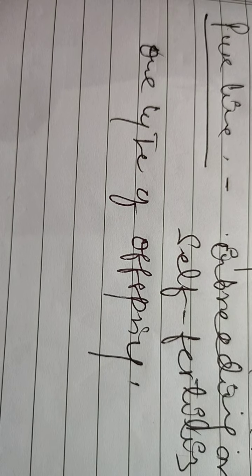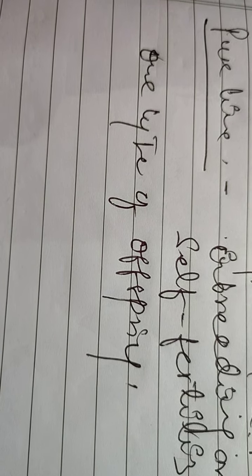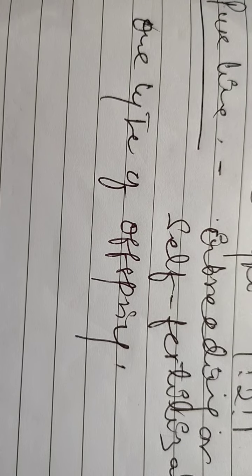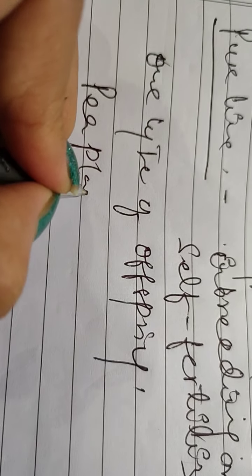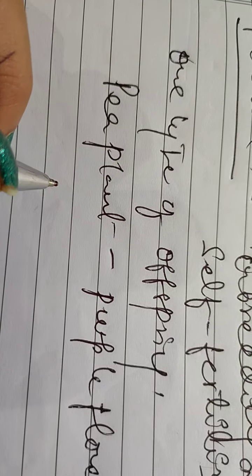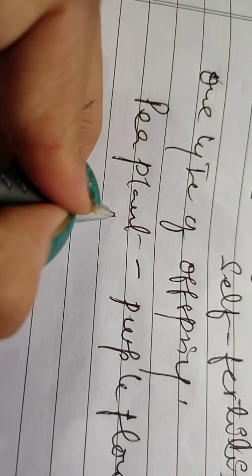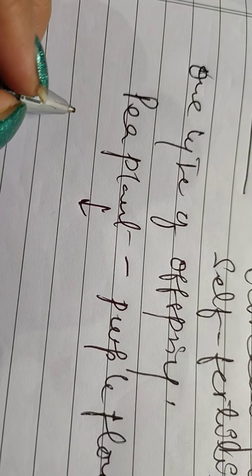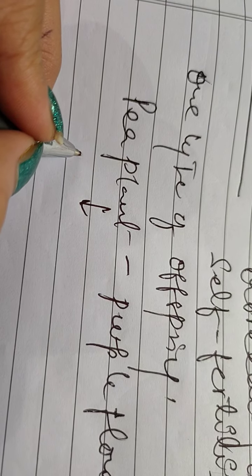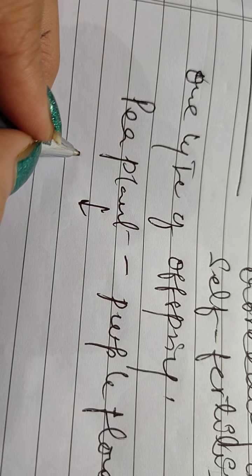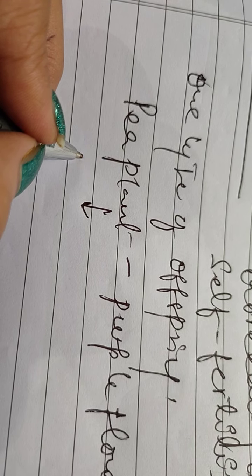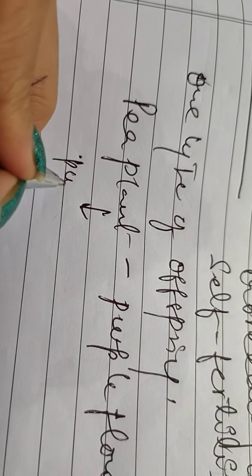For example, a pea plant bearing purple flowers, and they produce similar characters generation after generation on being self pollinated or cross pollinated among themselves, so they are said to be pure lines.